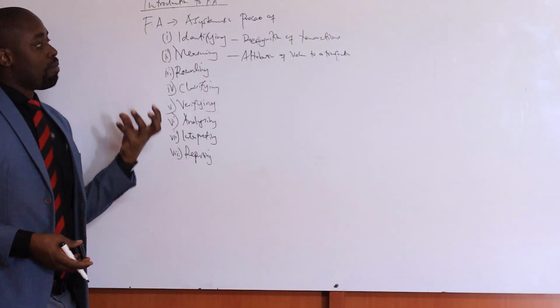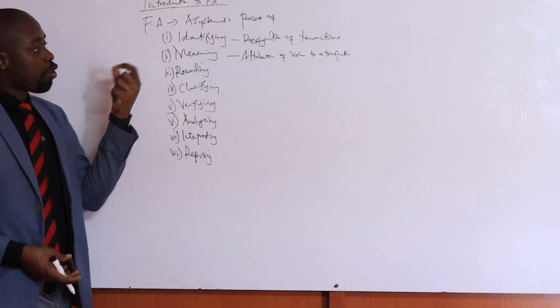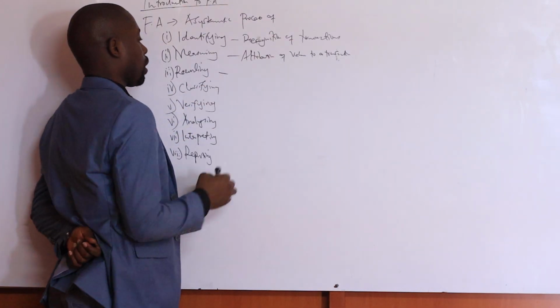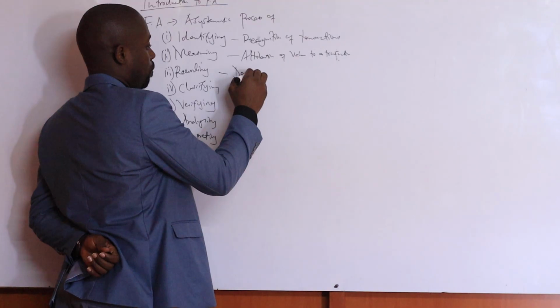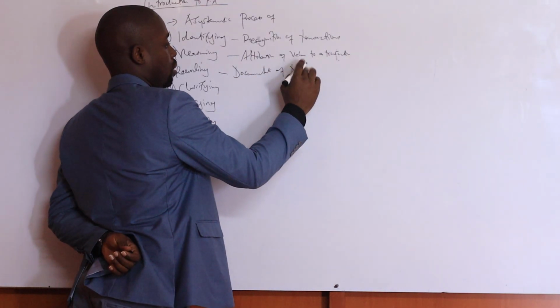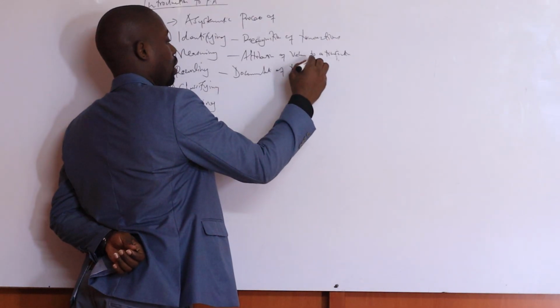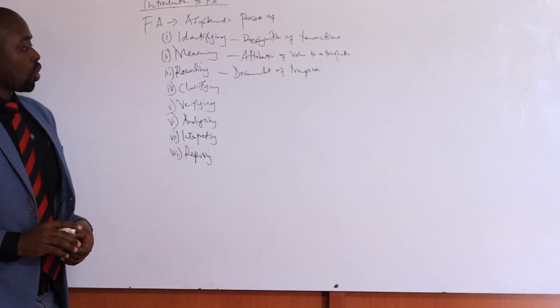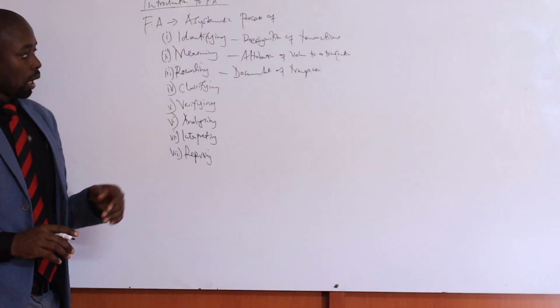After having the money value of the transaction, now that transaction can fit in the books of accounts. We do what we call recording. Recording is the documentation of transactions in the books of accounts. Then next we have classification or classifying.